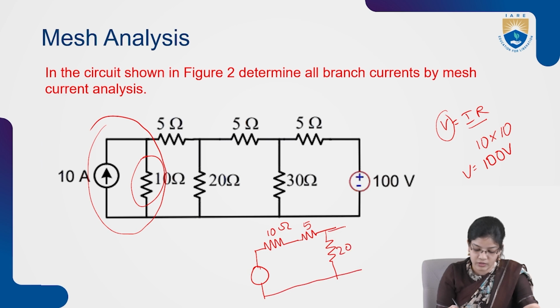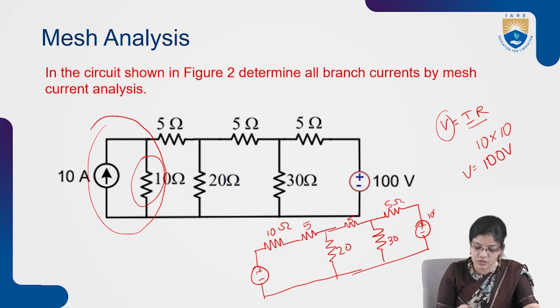So 20, 5, 5, and here is a source 30, 5, 5 ohms plus or minus 100. So here the source voltage will also be plus or minus 100 volts.